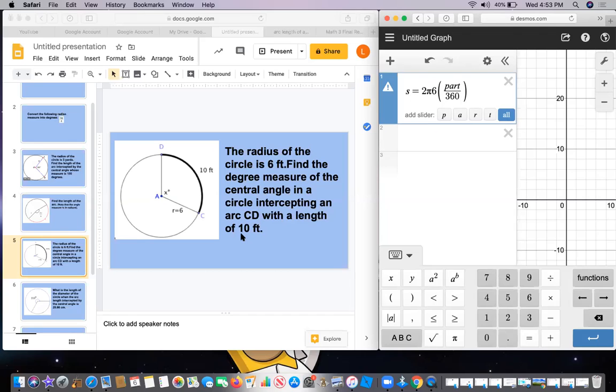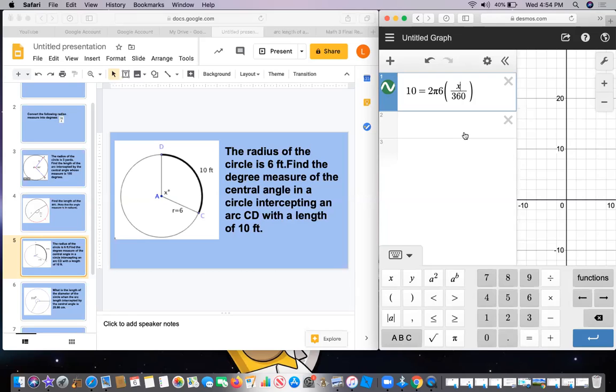And this 10 feet is not the part, but actually the arc length, and the letter that represents the arc length is S. So we're going to change this S to 10. And now we have the part, which is unknown, which is actually the central angle. So we're just going to change this word to X, and then you have your answer.